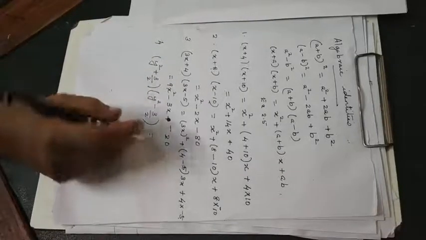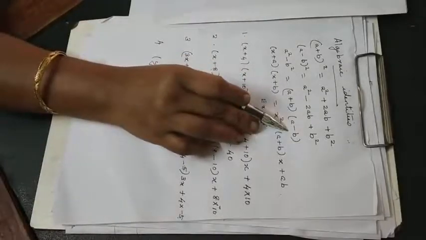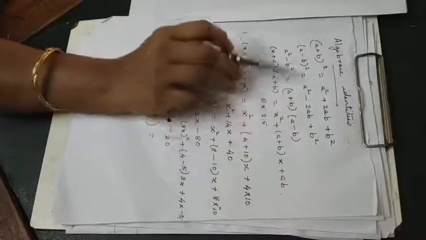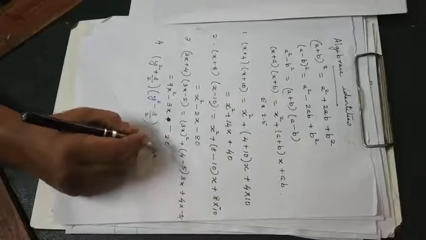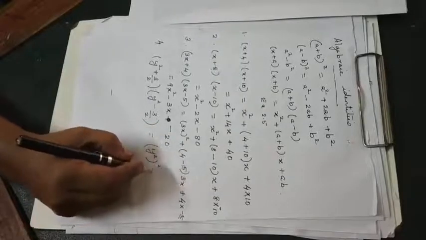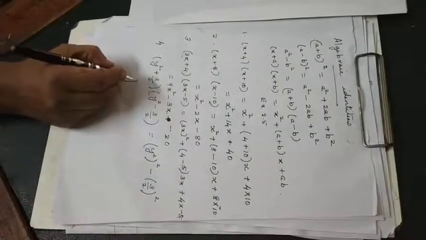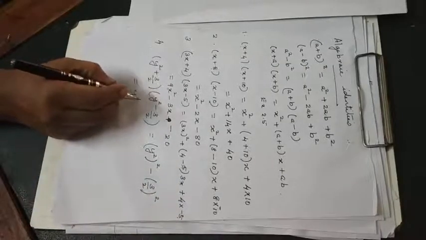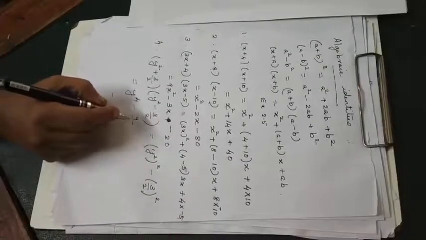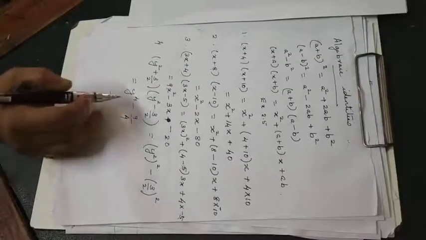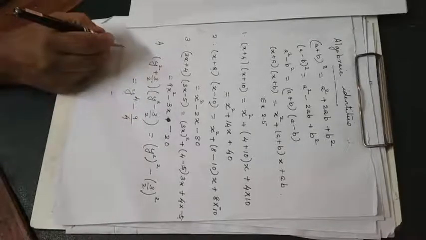So what will come? (a plus b) into (a minus b) will be equal to a square minus b square, that is (y square) the whole square minus (3 by 2) the whole square. y square square is equal to y raised to 4. 3 square 9 and 2 square is 4. So your answer is y raised to 4 minus 9 by 4.